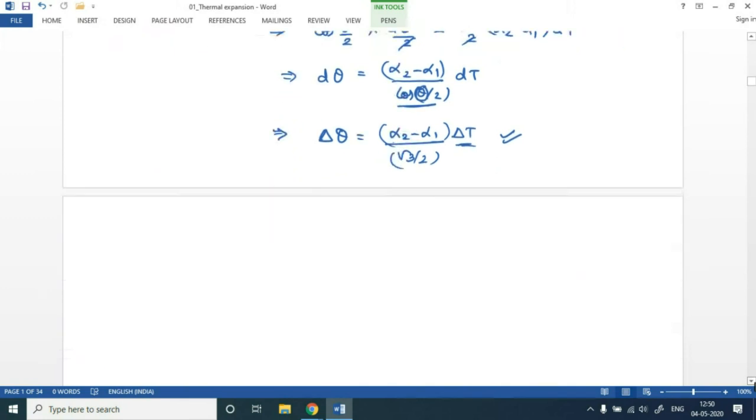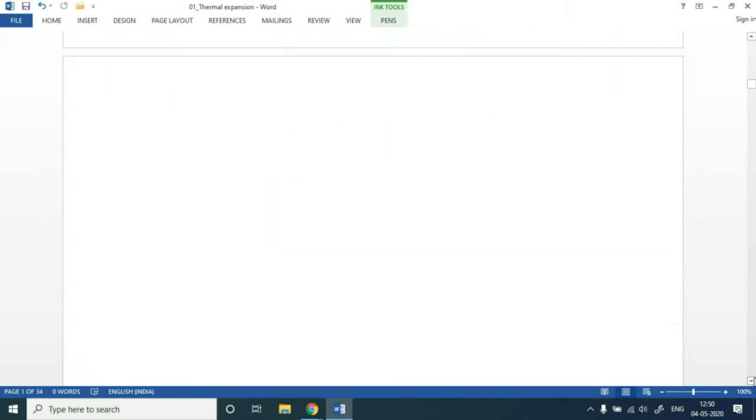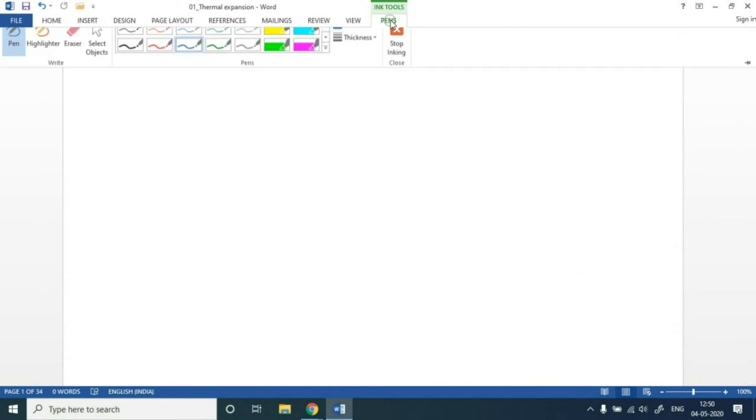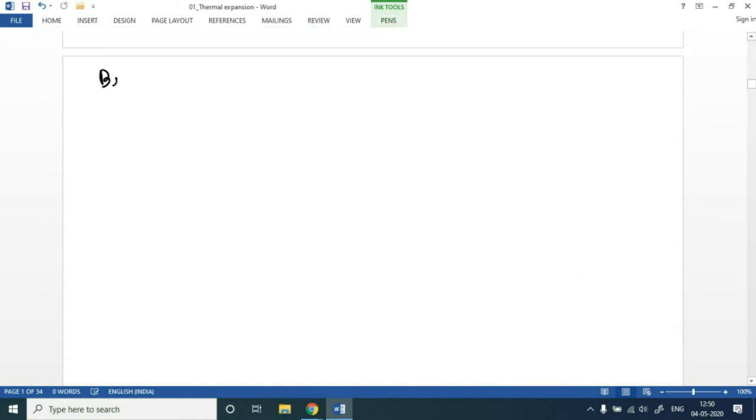Another interesting question I want to take here is the case of a bimetallic strip. That is one of the interesting cases in this topic. Let's say we have a bimetallic strip.